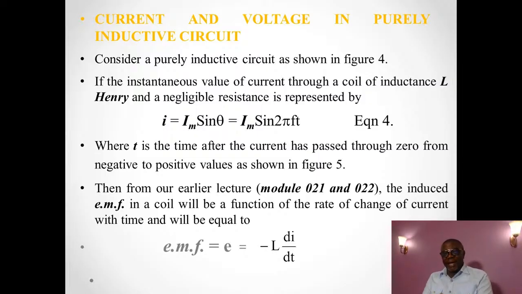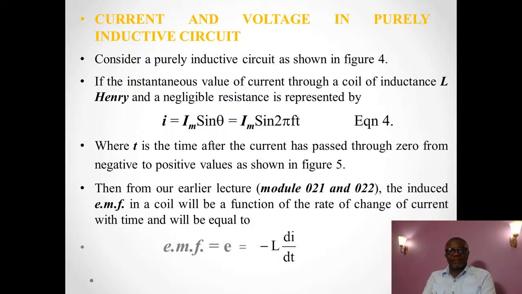We say that small letter i represents the instantaneous value, while the capital letter I represents the maximum value. So at any point in time, this value of current is changing, and is changing following the pattern of sine theta. That is the angle of inclination. So we say the instantaneous value, small letter i, is equal to the maximum value, Im, times sine theta.